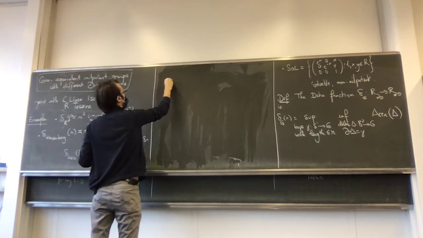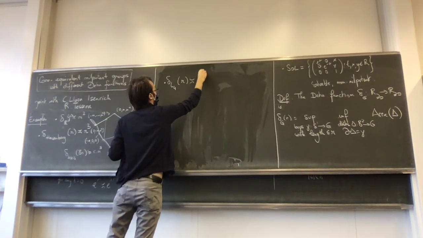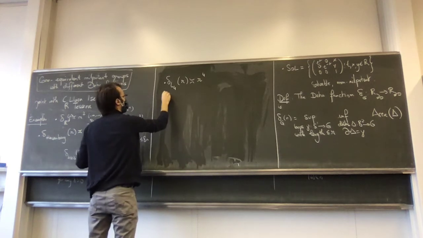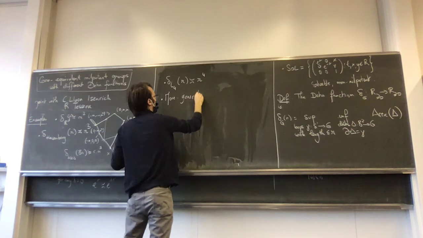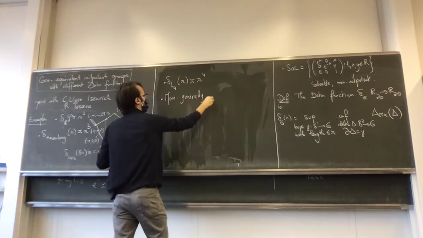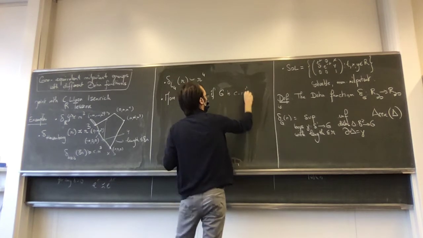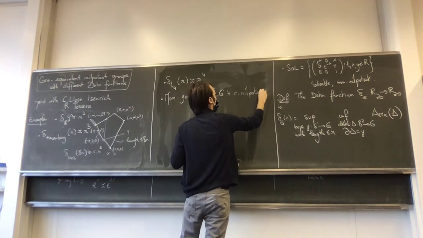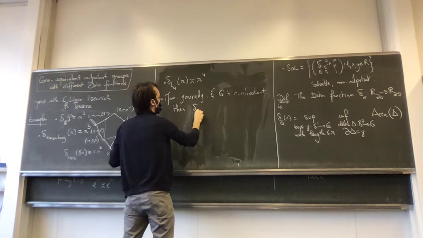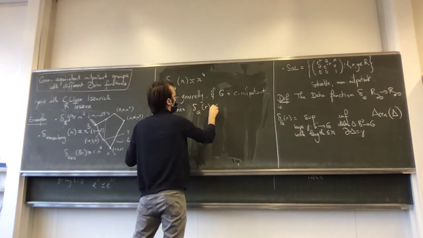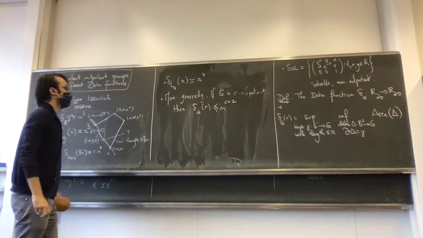So this is a theorem. More generally, if G is c-nilpotent, then the Dehn function of G is bounded by n to the c plus 1, but there is no equality in general.